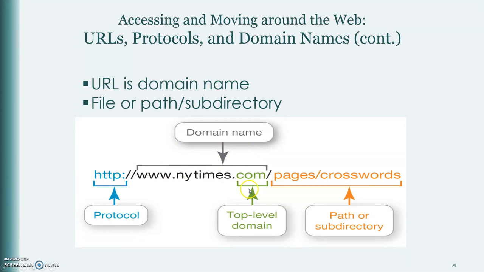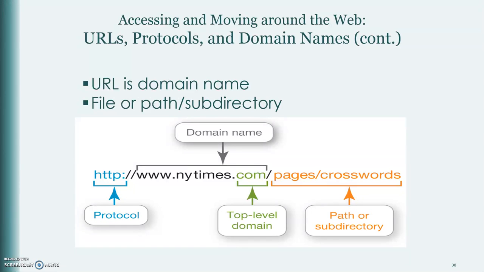The information after each slash indicates a particular file or path within the website. But again, this whole thing is a completely different web page than just NewYorkTimes.com. So I hope that point is going across. If you need clarification on it, please let me know.